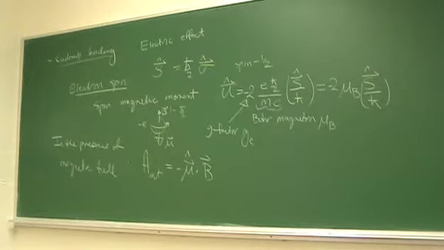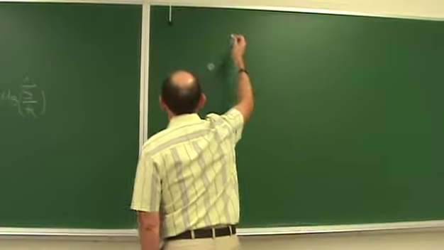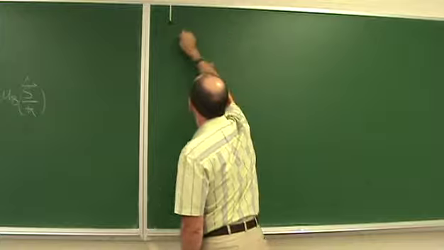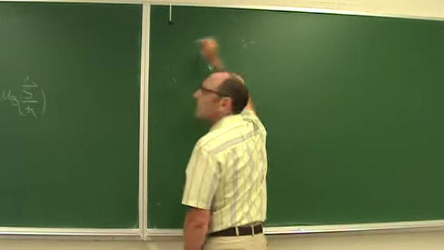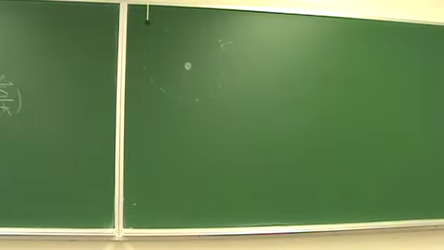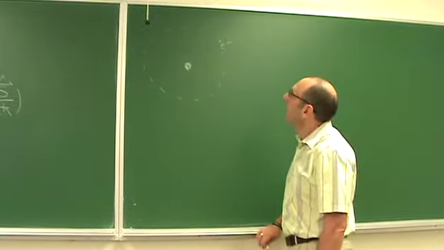So one can look at this in a couple of different ways. Here's the nucleus, in this case the proton, and here's the electron, and the electron is moving around the nucleus. It has some momentum or angular momentum.